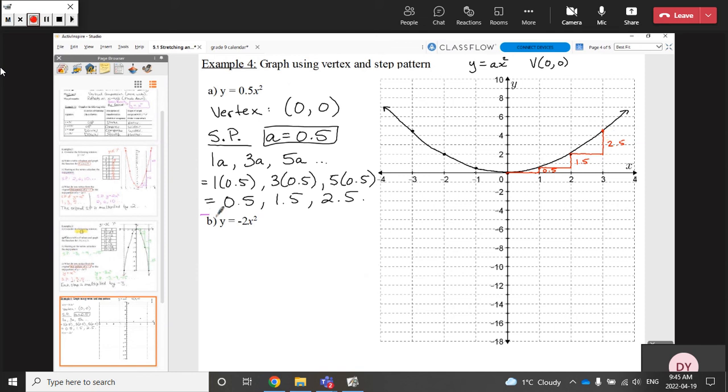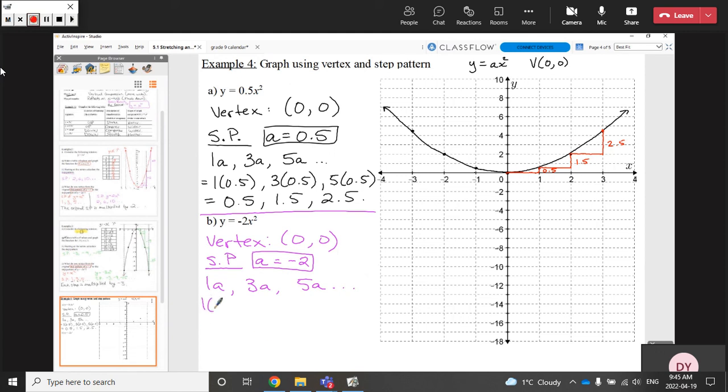We'll do this one maybe in purple. Our vertex, because it's written in y equals ax squared, is at 0, 0. Now, our step pattern is based on the a value, and in this case, it's -2. So we're taking that original step pattern, 1a, 3a, 5a, and we're substituting in -2 into each step.